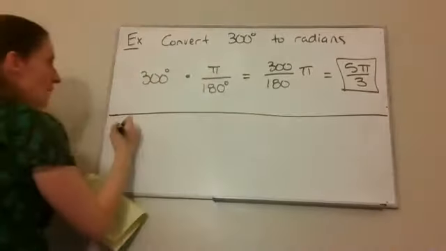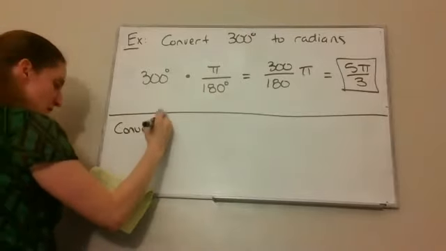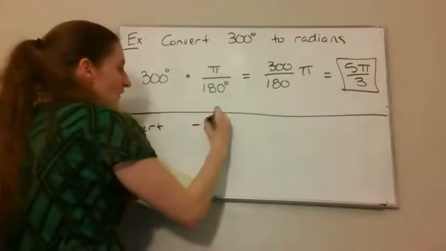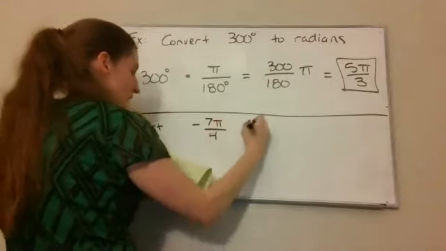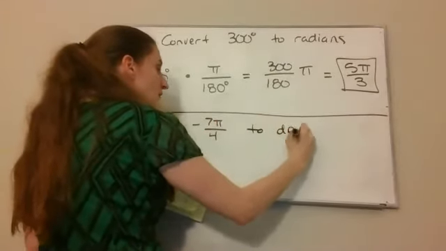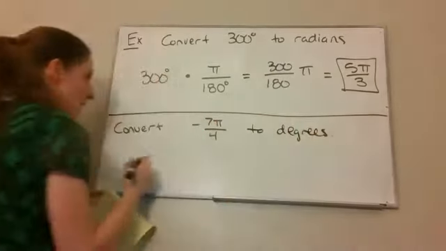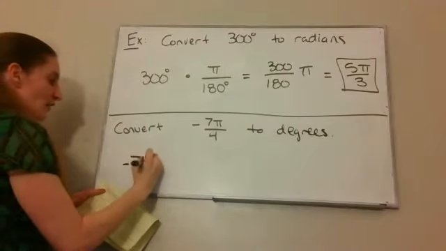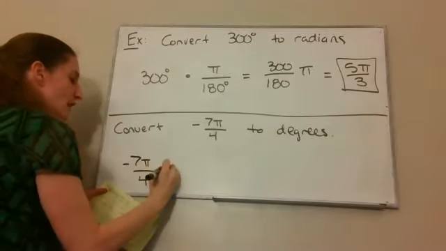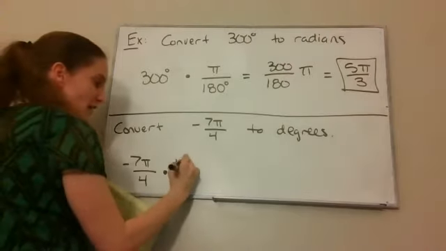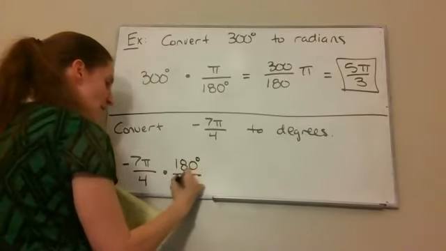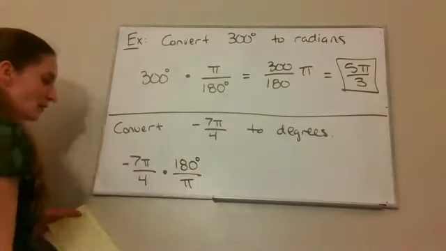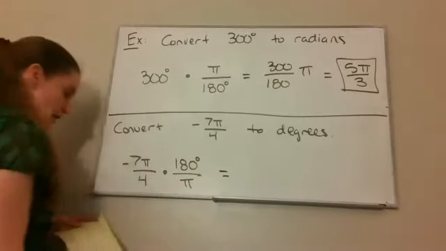And now let's go the other way. Let's convert negative 7 pi over 4 to degrees. Well, I would take negative 7 pi over 4, and if I'm converting it to degrees, that means I need the degrees on the top, radians on the bottom, and multiply this out.